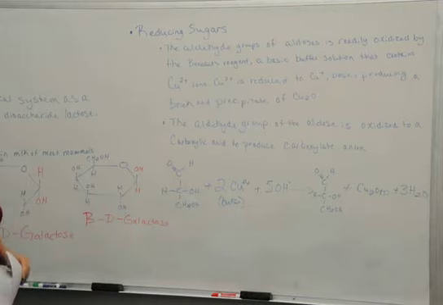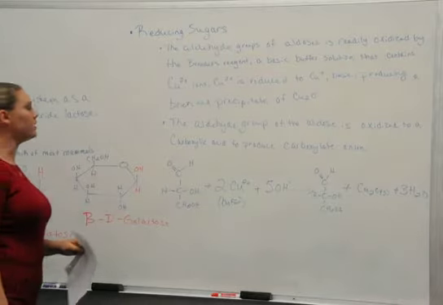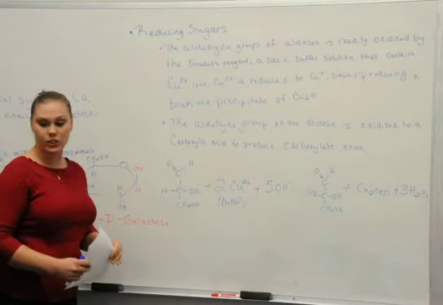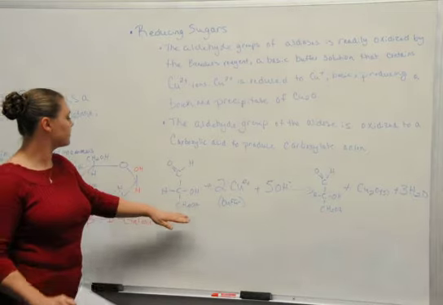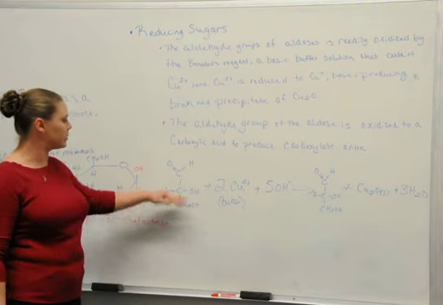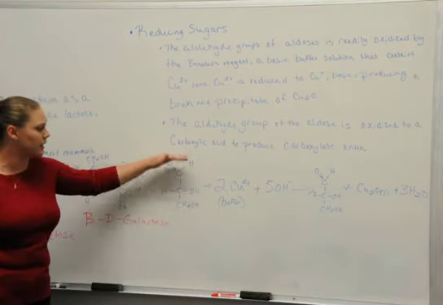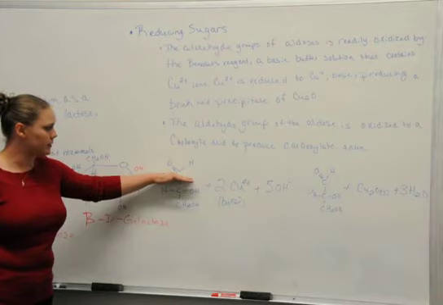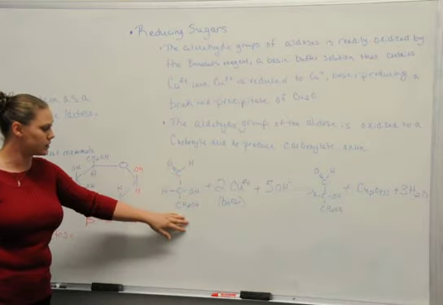This shows our aldehyde, and we know this is an aldose because there's an aldehyde here on the top, right? That's our most oxidized carbon that contains the aldehyde.